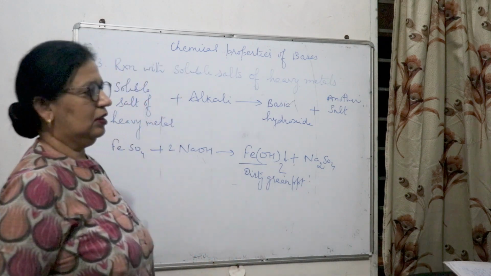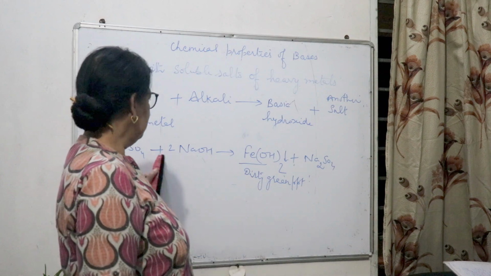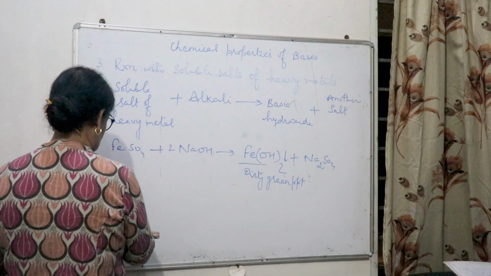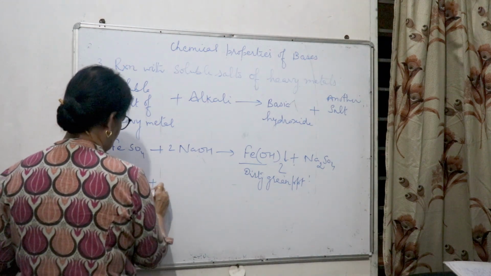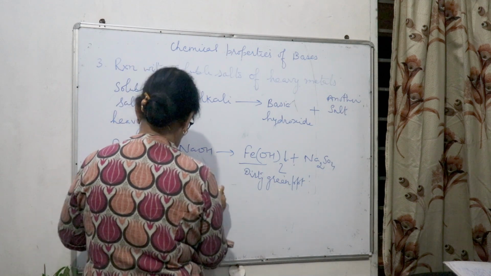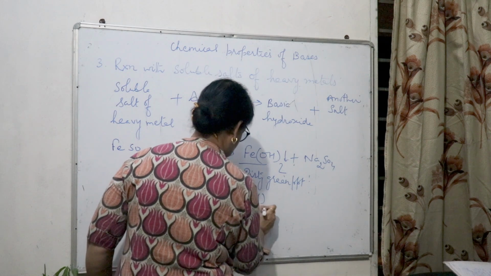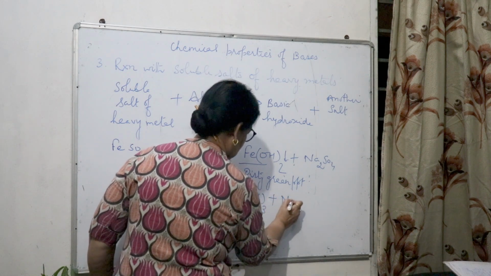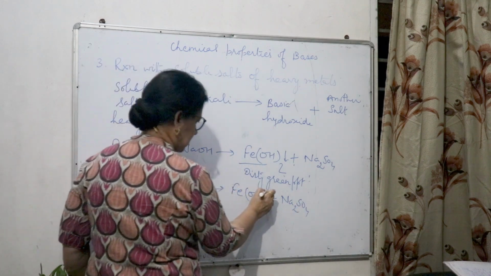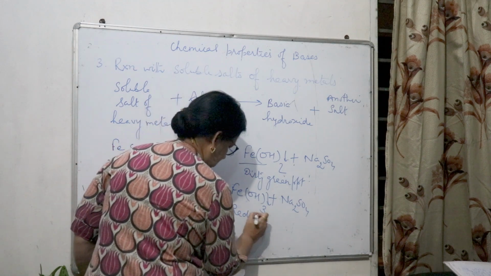What is PPT? That is insoluble solid formed when two solutions are mixed together. Next one, FeCl3 plus NaOH, that gives Fe(OH)3 plus NaCl. And this Fe(OH)3 is reddish brown PPT.